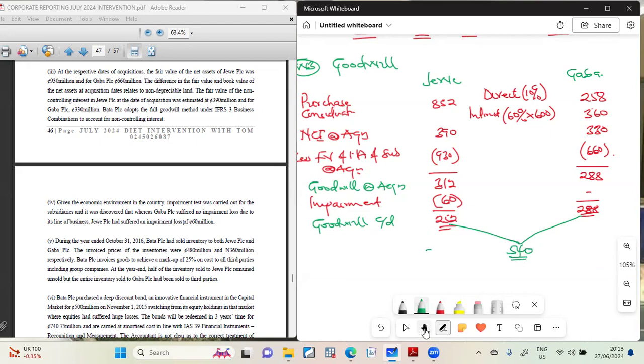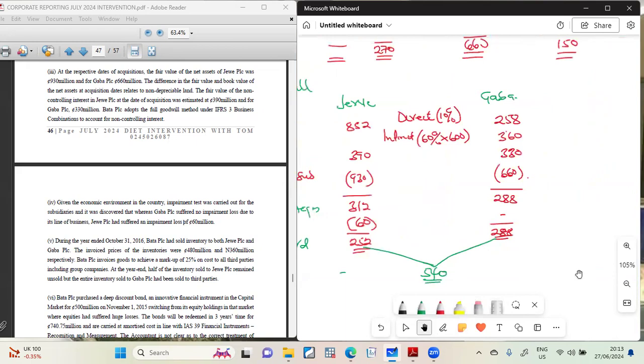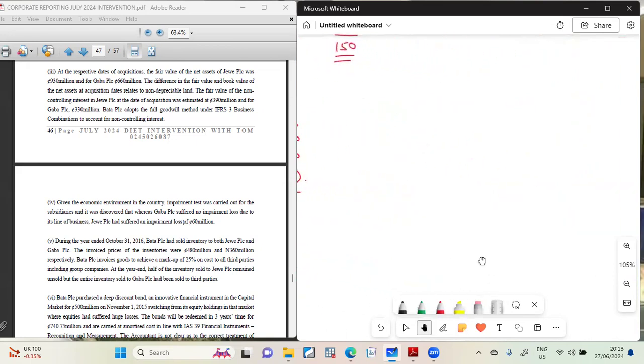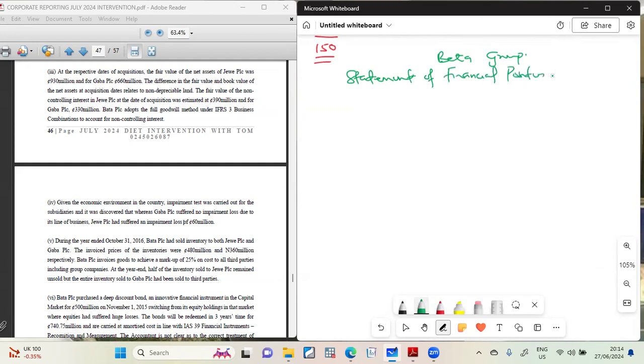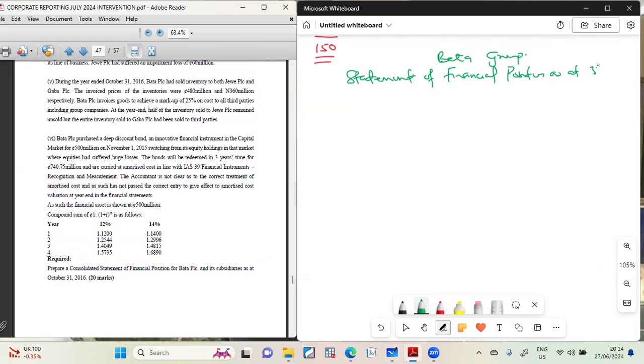So right there, let's go and draft our balance sheet and slot it there before stop work. You have not done a balance sheet. So we have Beta Group, statement of financial position as at 31st, what is the date? 31st October.